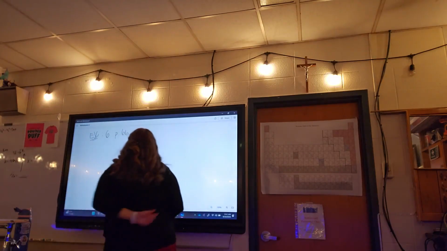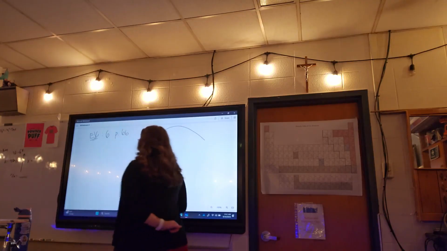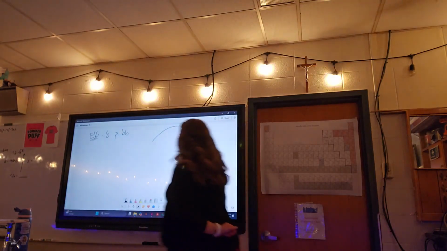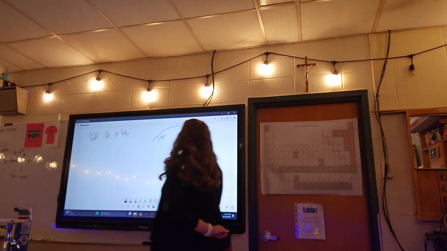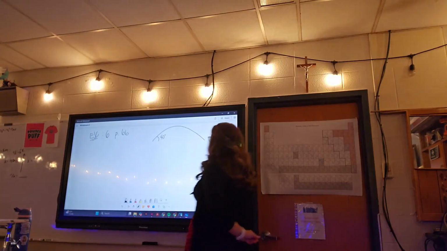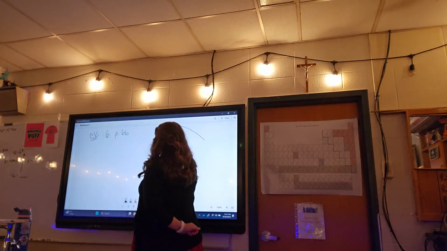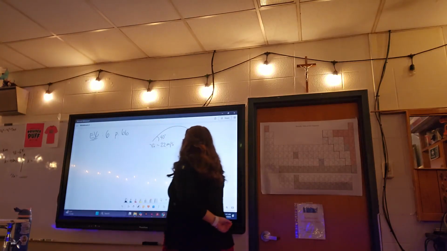Okay, so the first thing I'm going to do is I see that I've got this kind of a graph for the launching of a ball. I know that my angle is 40 degrees. And I'm given a V naught. Was that 20 or 22? 22. Thank you. Okay.